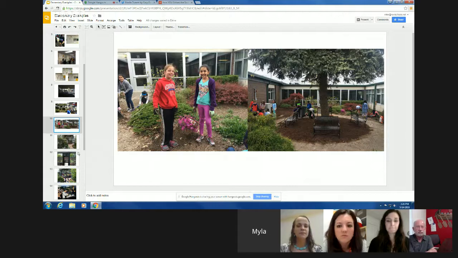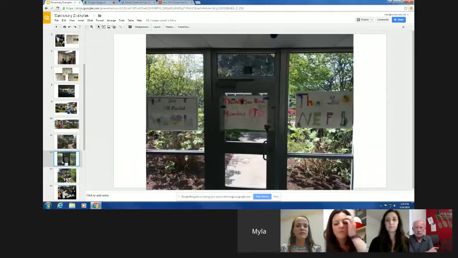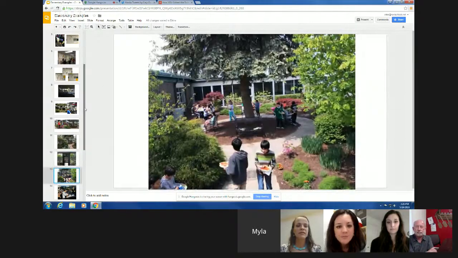So this was a 5-week project, and as they finished up, they were putting on the last few touches. They had a celebration of learning in the school, and this is where they had an unofficial ribbon cutting where they thanked the experts and the contributors. And they had a celebration, a pizza party.